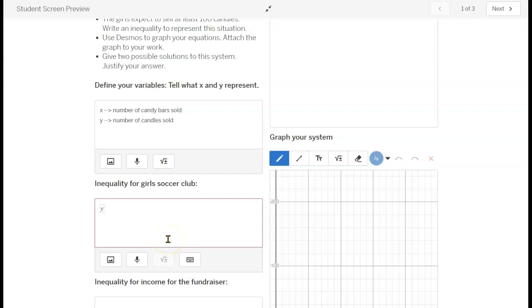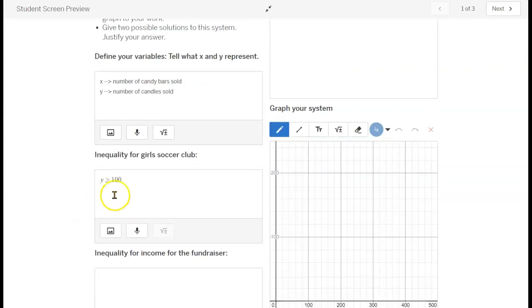If we're selling at least 100, we could sell 100, we could sell 120, we could sell 500. At least means 100 is the lowest, which means that we need the sign of greater than or equal to. And that number that we wanted to be over or at was 100. That's all you need for that inequality.